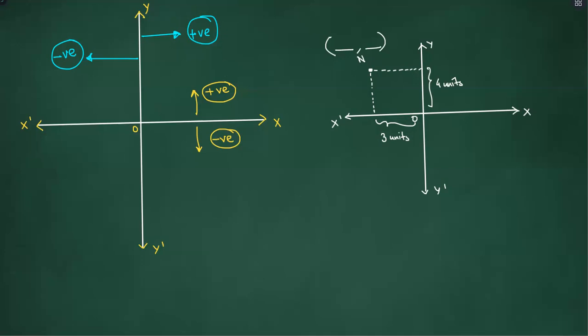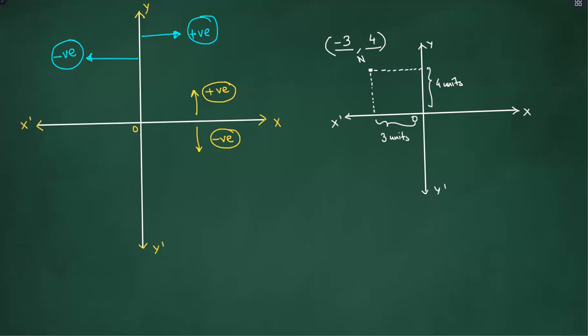Is it going to be 3? It's not going to be 3, because we are moving to the left of the y-axis. So it is going to be negative 3. But for the y-axis, we are moving up. Hence, it's going to be positive 4 only.